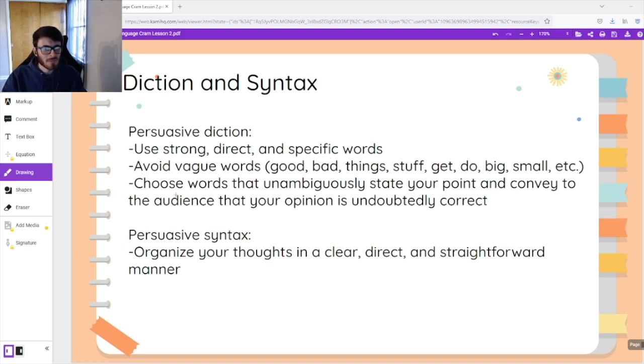Let me see if I have any other notes here I want to mention before I get to some practice. Okay, so an example for syntax. Is it more persuasive to say, John F. Kennedy once declared, "Ask not what your country can do for you, ask what you can do for your country," or is it better to say, "Ask not what your country can do for you, ask what you can do for your country," is something that John F. Kennedy once said?